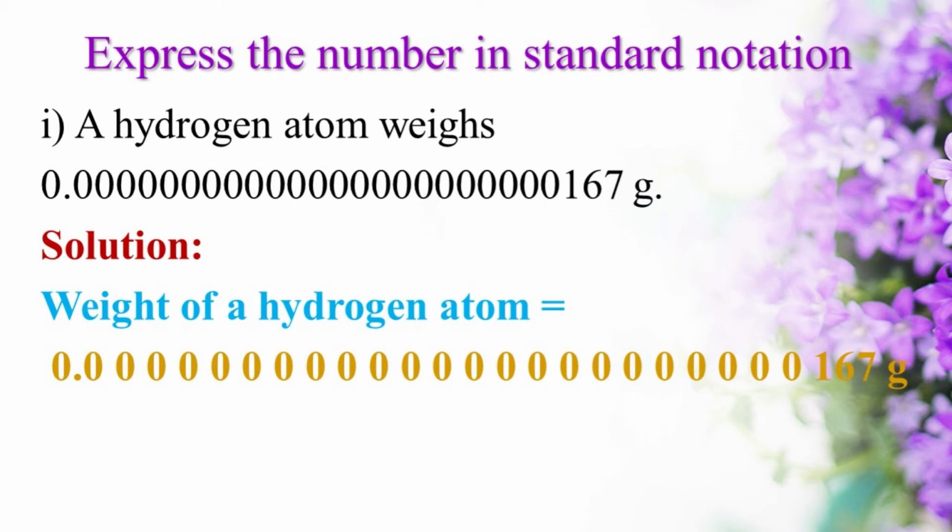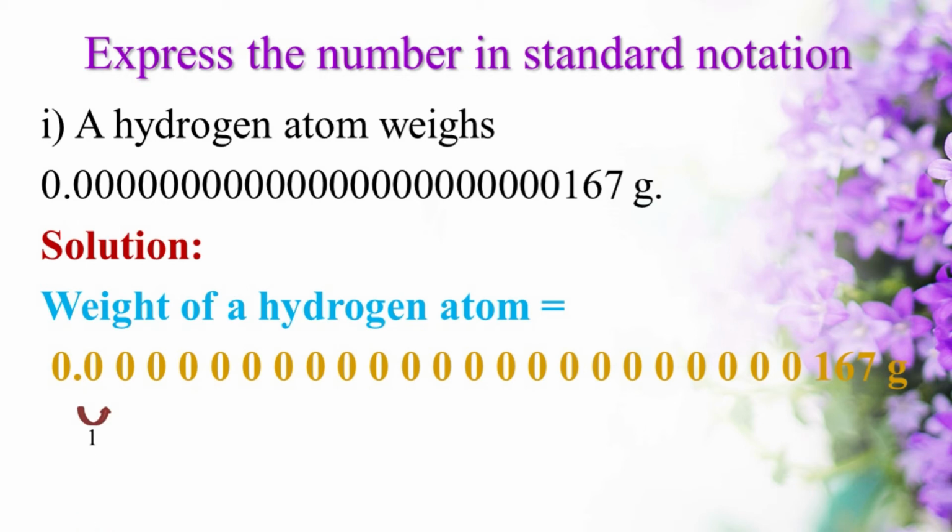Okay, first of all, let us count how many steps to move from left to right to reach the first number 1. Here I already told you the 3 rules. We are moving the decimal point from left to right. On doing so, what should be the power? It should be negative. So on moving this decimal place from left to right to reach the first number 1, here the first number is 1 in this given number.